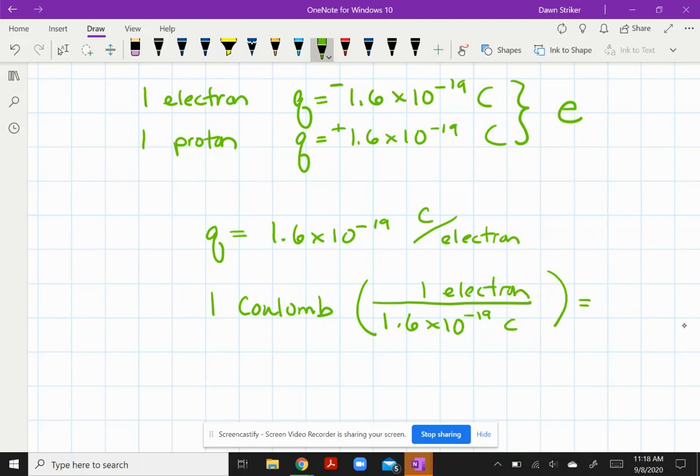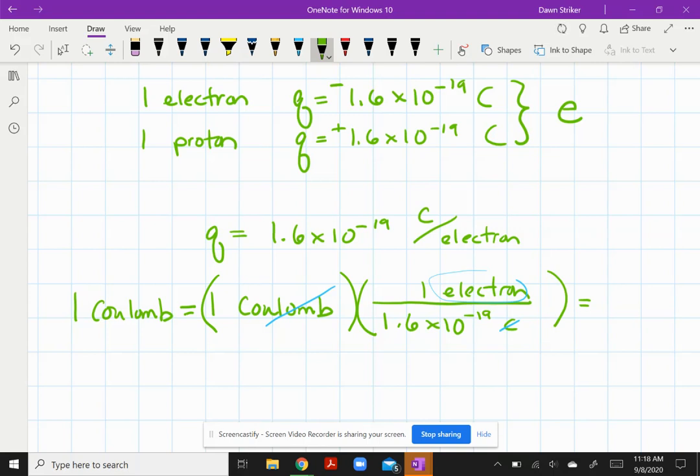So if I multiply 1 by 1, and I divide by 1.6 times 10 to the negative 19, the coulombs cancel, and I get the charge in electrons of 1 coulomb. So 1 coulomb is equal to, and I just took that 1 coulomb and converted it into how many electrons.